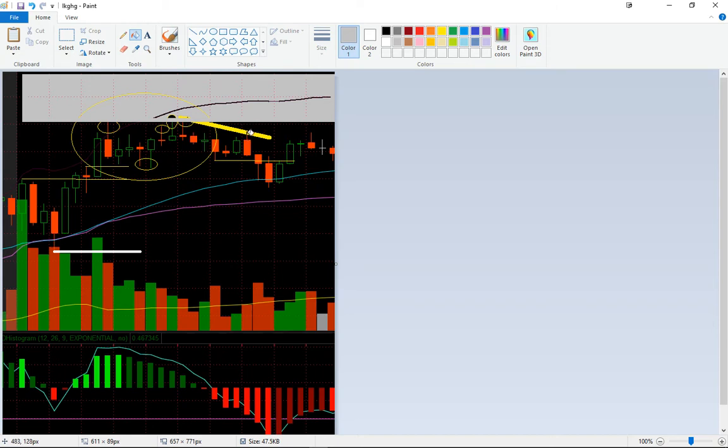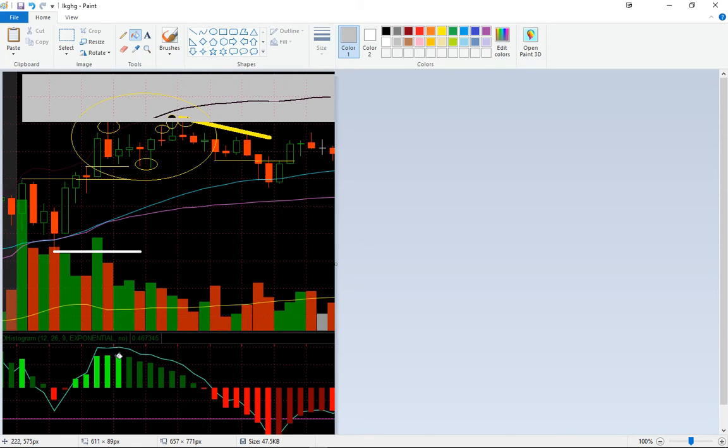Okay, so now we get this lower high here, and we've got this new low. That means this is probably a reversal. Now, how do I know when the market's reversing? I look down here. I see that there was a big peak on the MACD histogram.